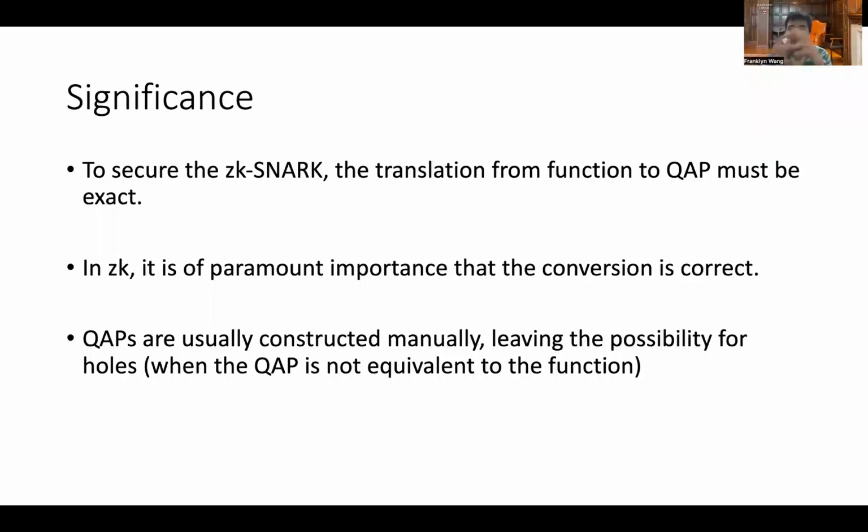And due to the way ZK is designed, we might never know that it's been exploited, because zero knowledge will hide some of the transactions. So in ZK, it's really, really important that this conversion is correct. Okay, and unfortunately, QAPs are usually constructed manually, which really leaves open the possibility of holes when this QAP is not equivalent to a function.